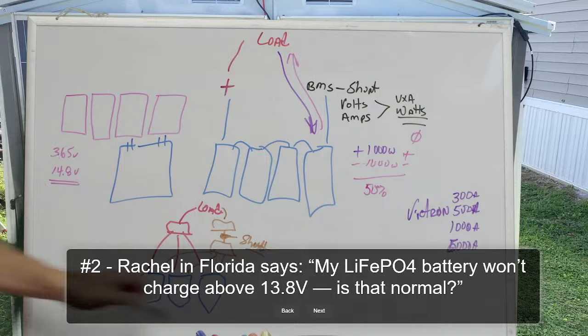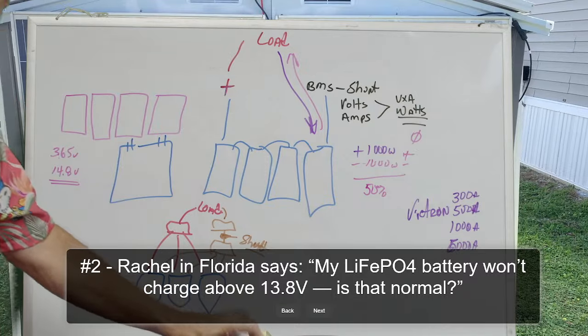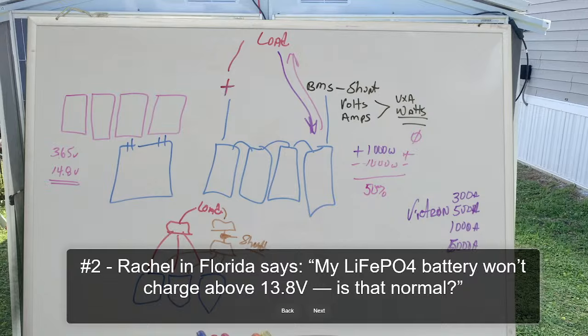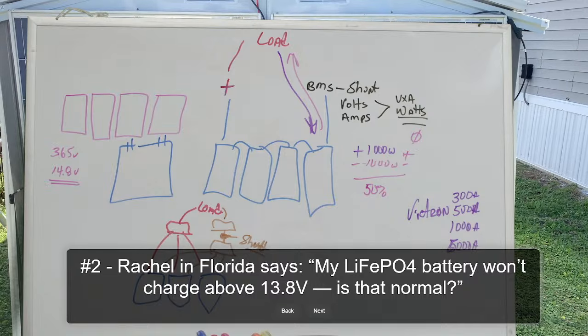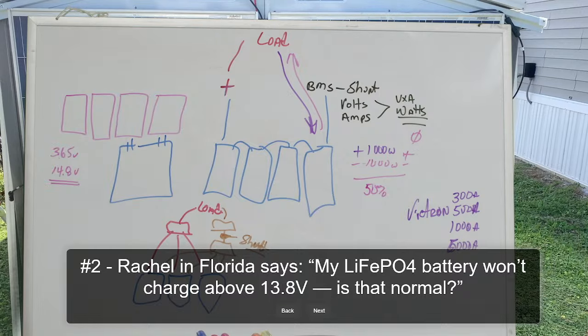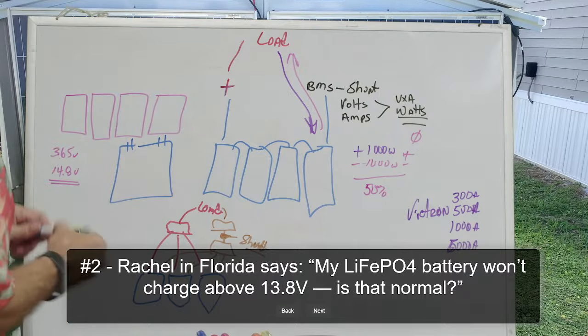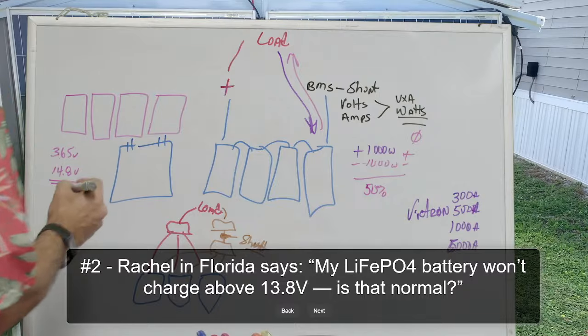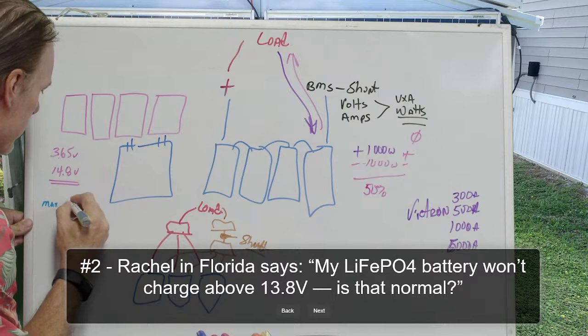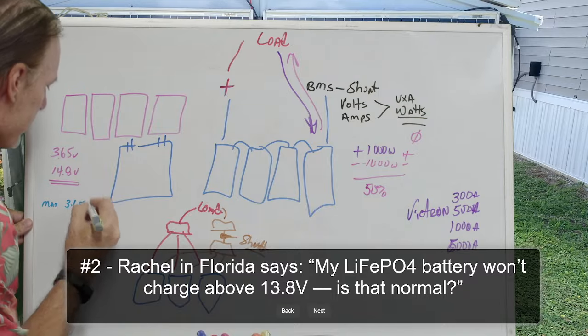Now, keep in mind, my idea of perfectly balanced basically means that each cell can fully charge without setting off the BMS safety configurations. Because you've got to remember, every BMS will have an ability to say the max protection voltage is 3.65, let's say.